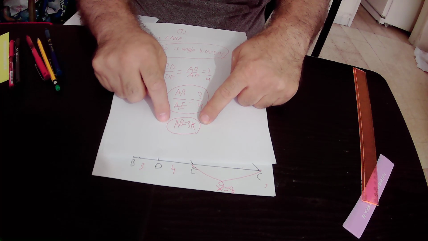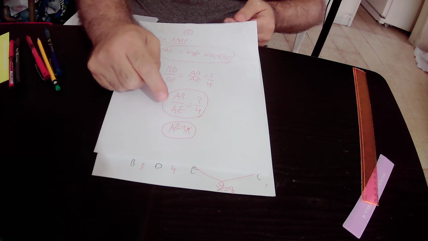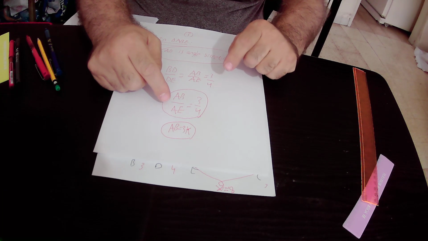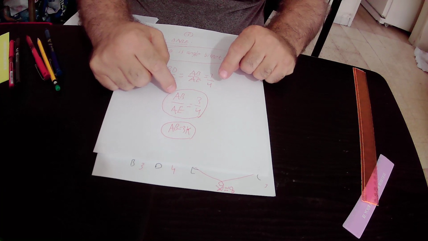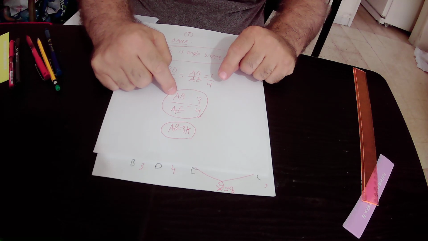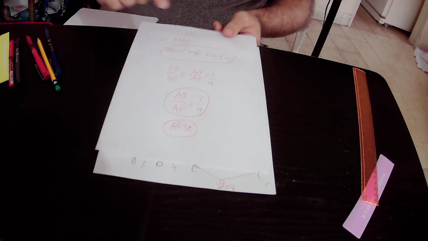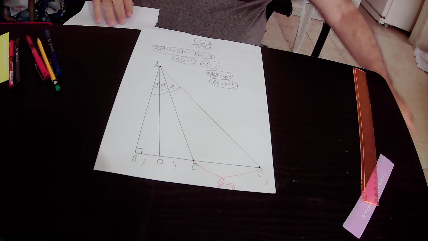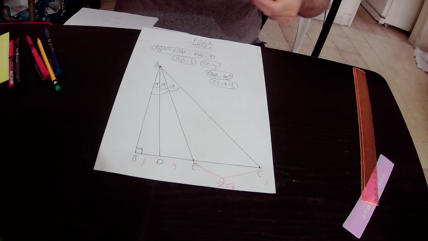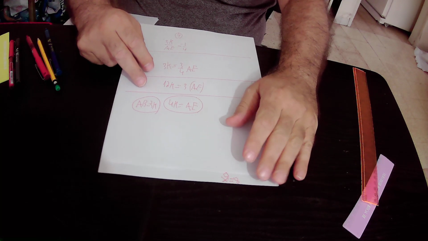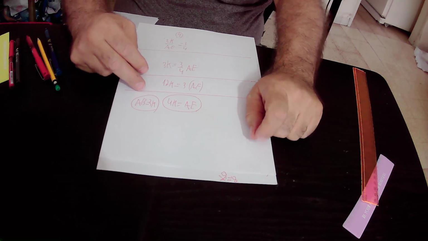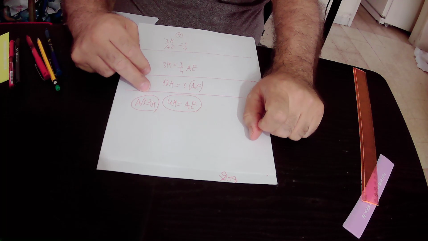AB equals 3K according to our definition. So we placed the value of AB in this equality, and we found that AE equals 4K if AB equals 3K.